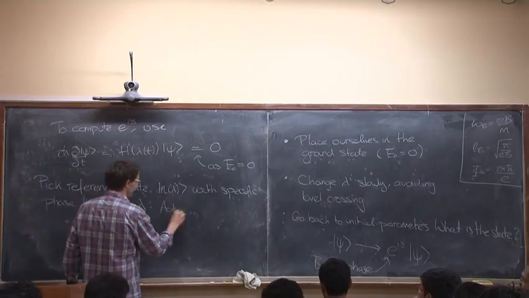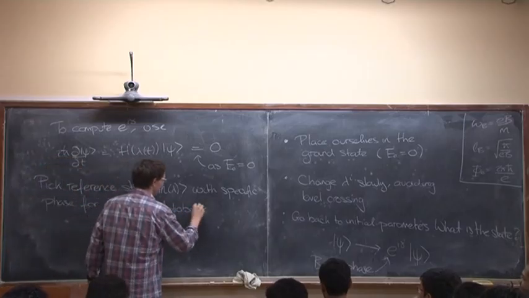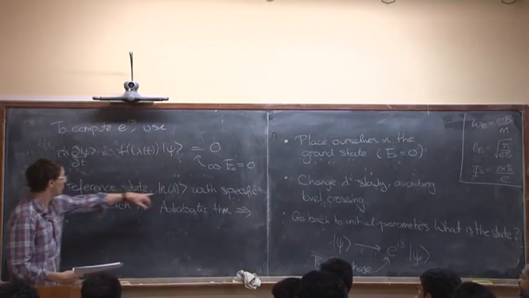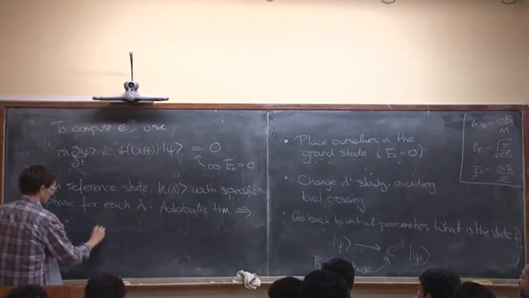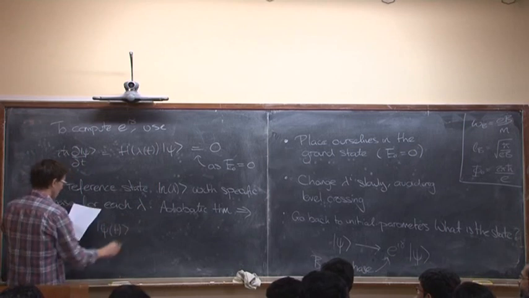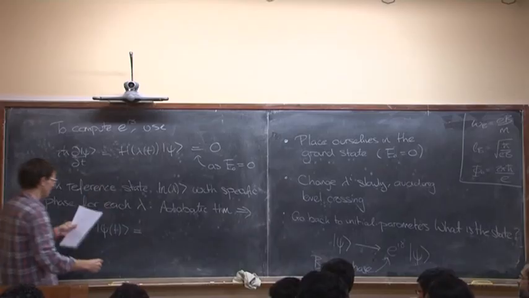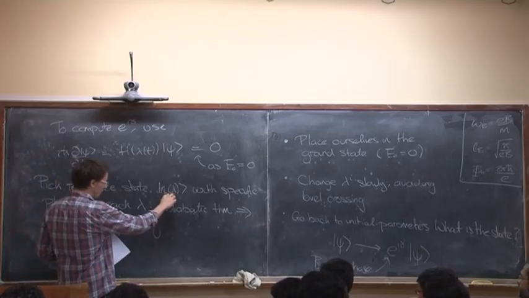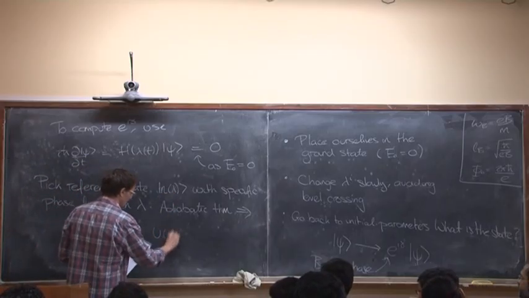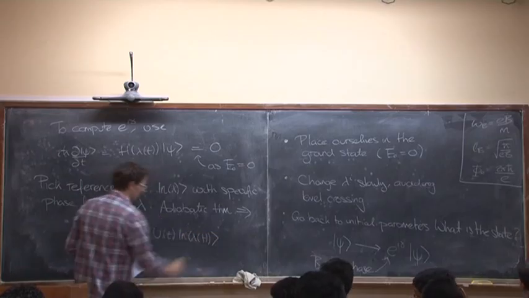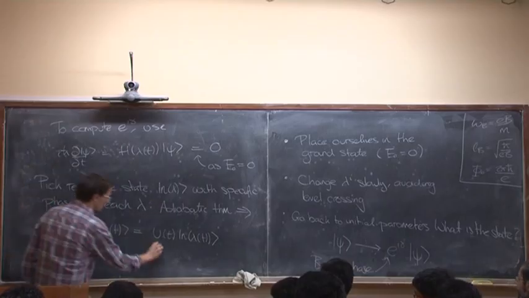Okay, so the adiabatic theorem, which is what tells us that we stick within this class of ground states, says that the actual state that we sit in, as we vary, has to be equal to this reference state up to a phase.